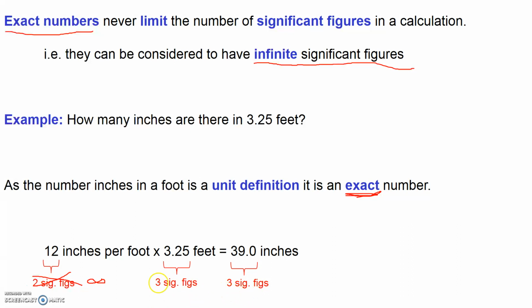So that means that the number that has the least number of significant figures is our 3.25, and therefore our answer is given to 3 significant figures. If we had gone with our initial inclination of saying that 12 has 2 significant figures, we would have got the wrong answer if we wrote 39 without the 0 on the end.